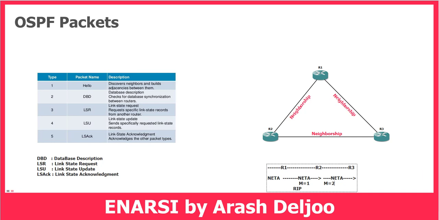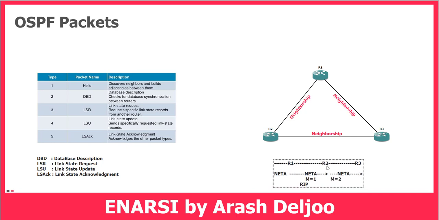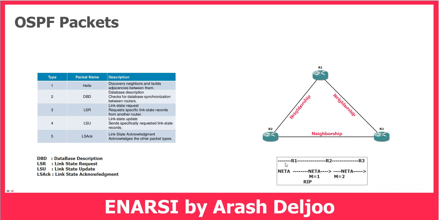Actually, in the distance vector protocol, as you can see in this example, each router should send its connected networks or its routing table only to its directly connected neighbor, and the directly connected neighbor, after increasing some values related to the metric, should send this update to other routers. Here R1 doesn't send its update to R3.